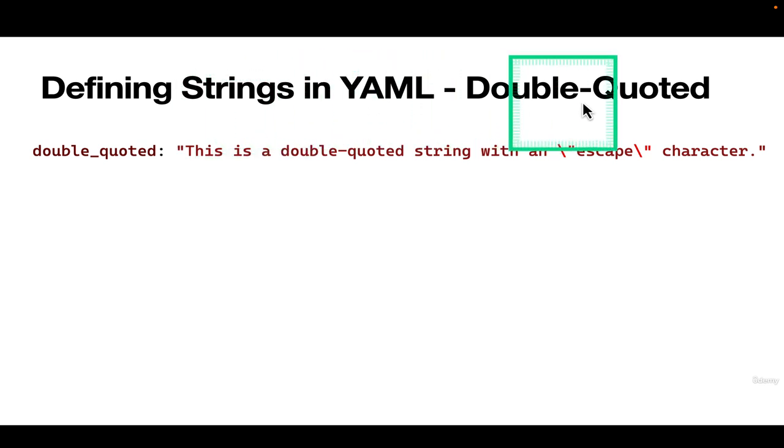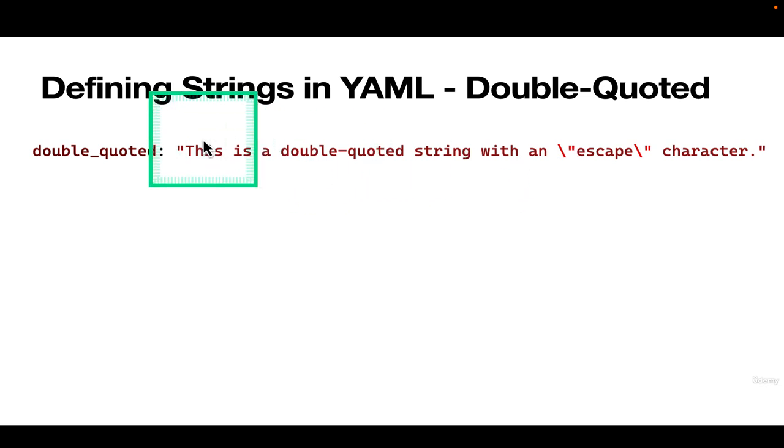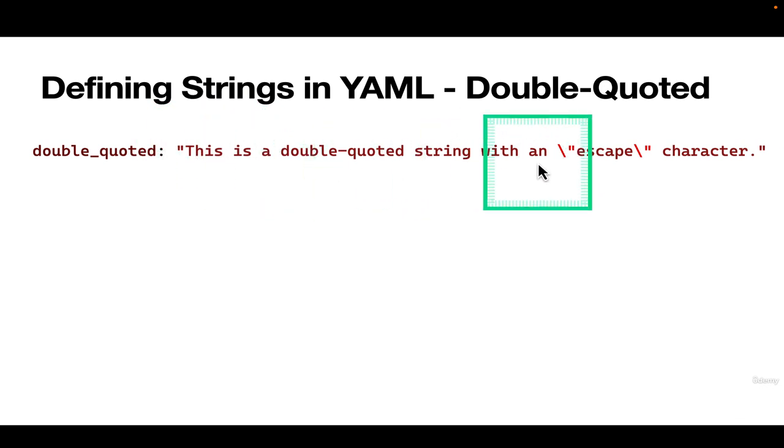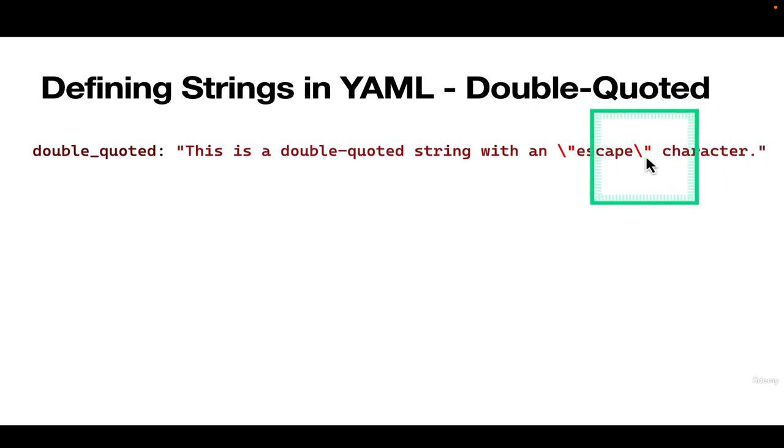Now we'll see what a double quoted string looks like, and this is an example. Double quoted strings are enclosed in double quotes and support escape sequences. Use double quoted strings when you need to include escape sequences or special characters that require escaping. This is again a double quote, but it needs an escape character, because if you don't put one, the string will end right here and this would throw an error.